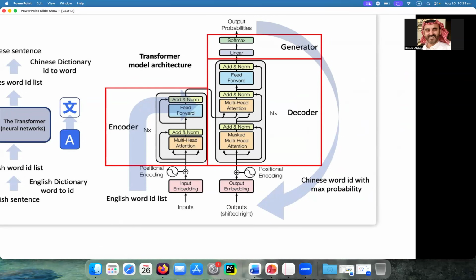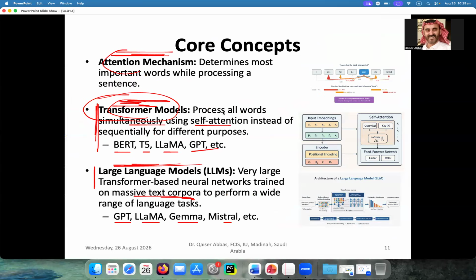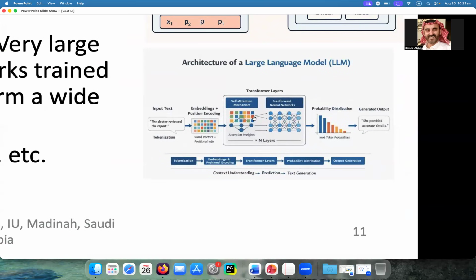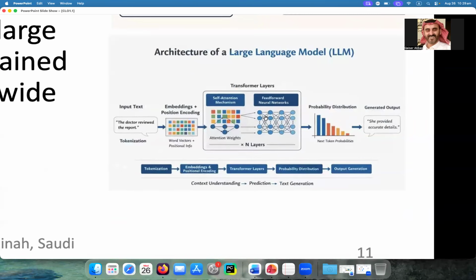But here the purpose is different, there the purpose is different. This is the transformer model architecture. So this picture is also the same, but we are not going into the details of the architecture here, component wise. That previous picture is more detailed.